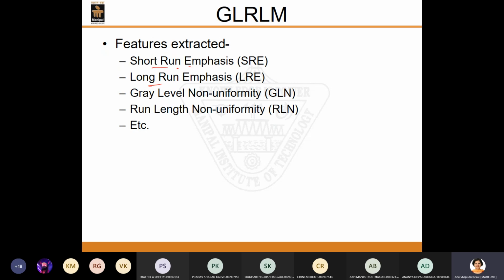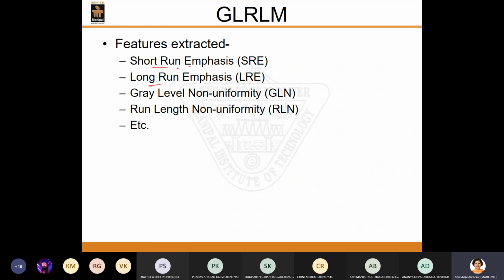Long run emphasis looks at how many long runs you have within a particular image, and so on. Then GLN, which is the gray level non-uniformity, looks at the non-uniformity of the gray levels. Run length non-uniformity looks at the non-uniformity within the run lengths present in the image.